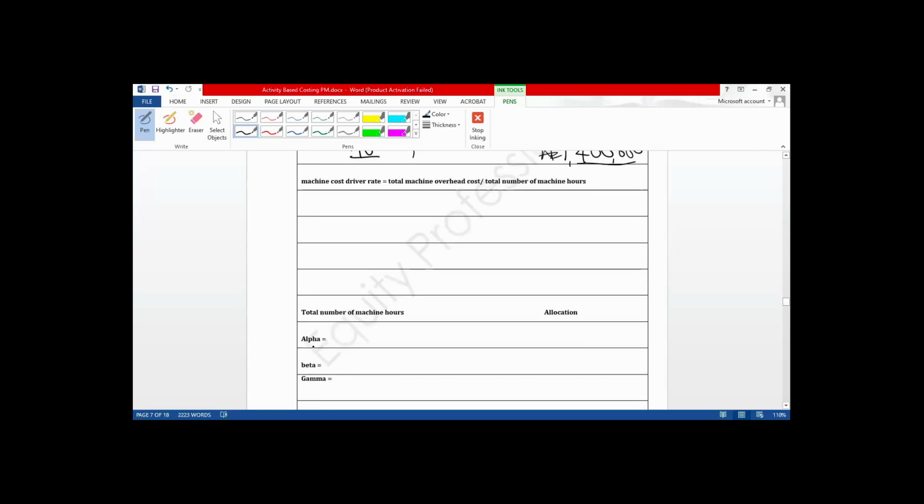To produce alpha, we require 5 hours of machine. And we are going to produce 20,000 units. If you multiply 5 hours by 20,000 units, that means we are going to require 100,000 hours here.